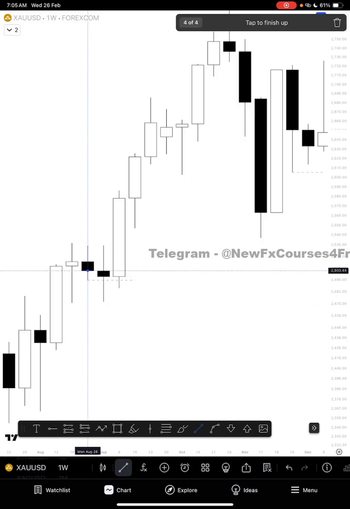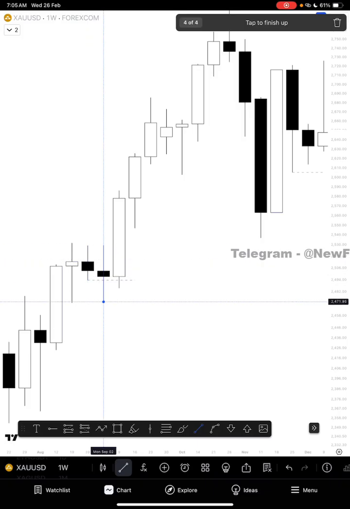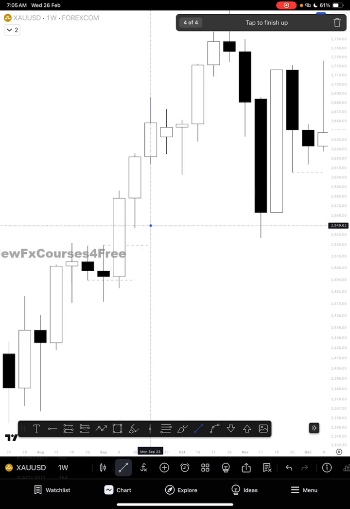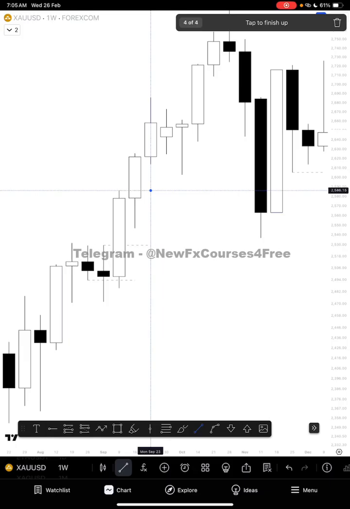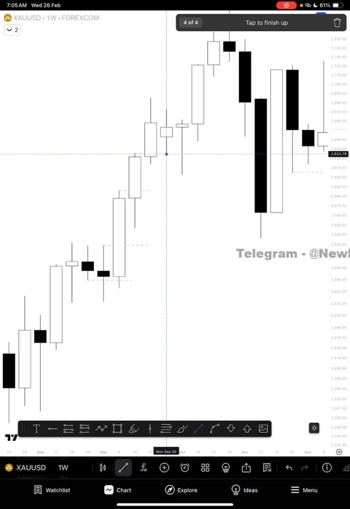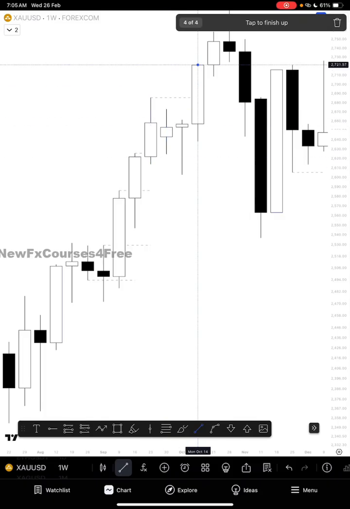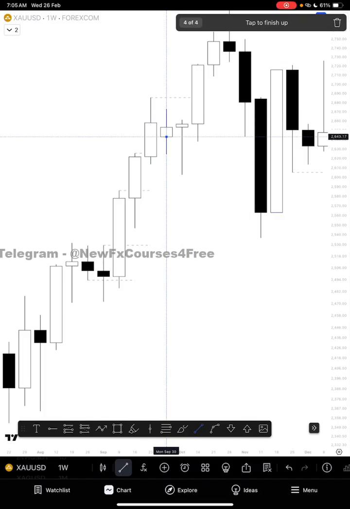Wick below, then close back into the range equals higher prices. And here, close above higher prices, close above higher prices, close above higher prices. Then here, this candle was an inside bar candle. There was no close above or wick above during this move.